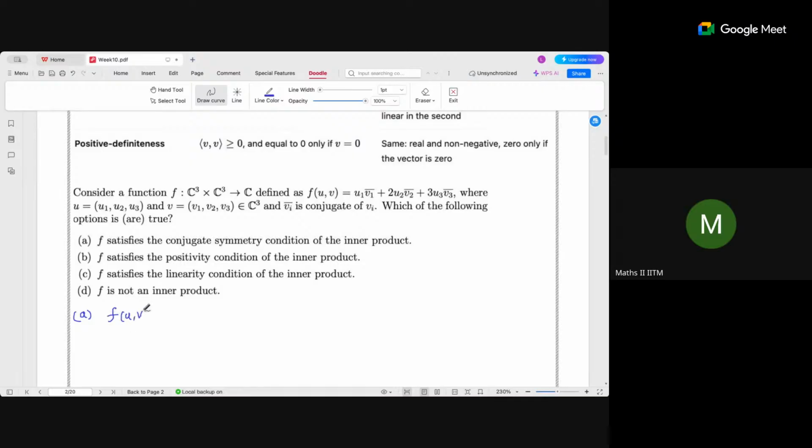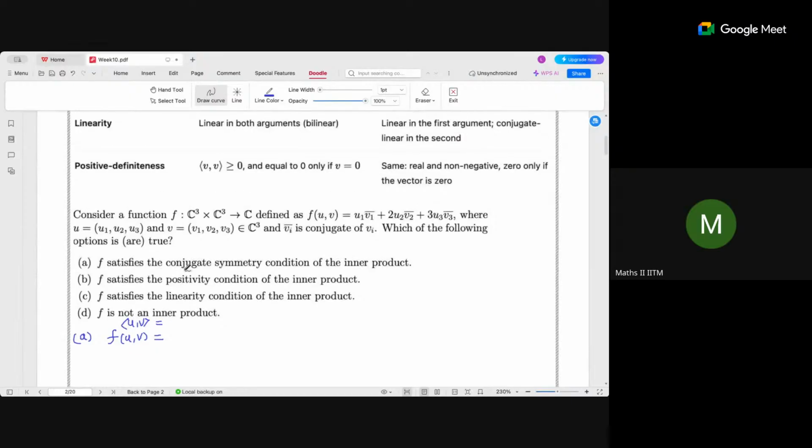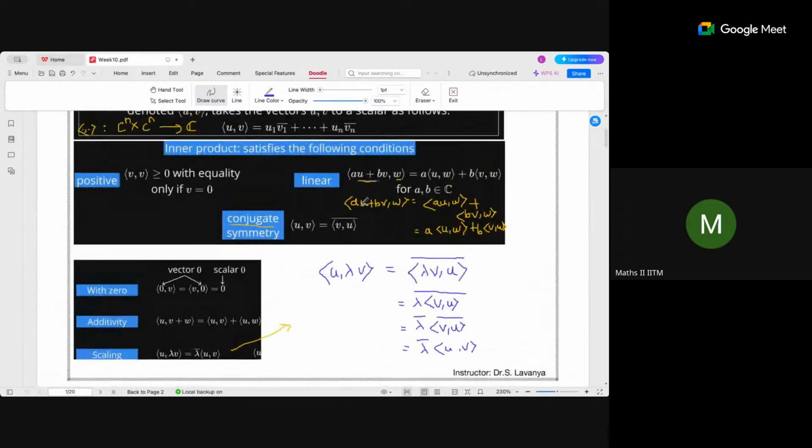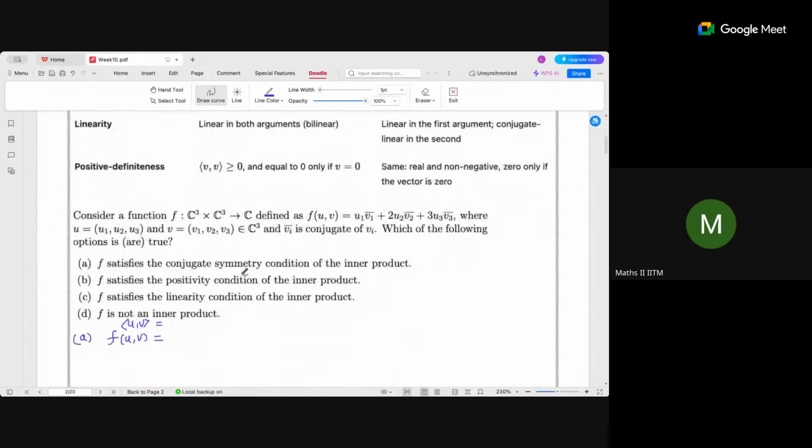F of u comma v should be equal to what? Conjugate symmetry means we had the inner product of u comma v equal to the conjugate of the inner product of v comma u. Now, instead of the inner product, you have f.